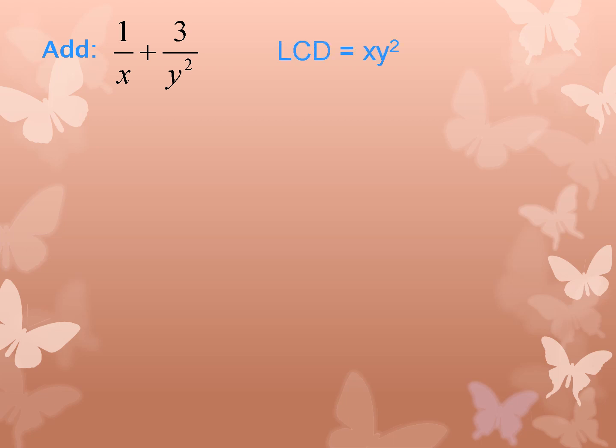So our least common denominator is going to be xy squared. Now what we're going to do is multiply the top and bottom of each fraction by the piece of the denominator that we are missing. So that's what we're going to do. We're going to get common denominators.